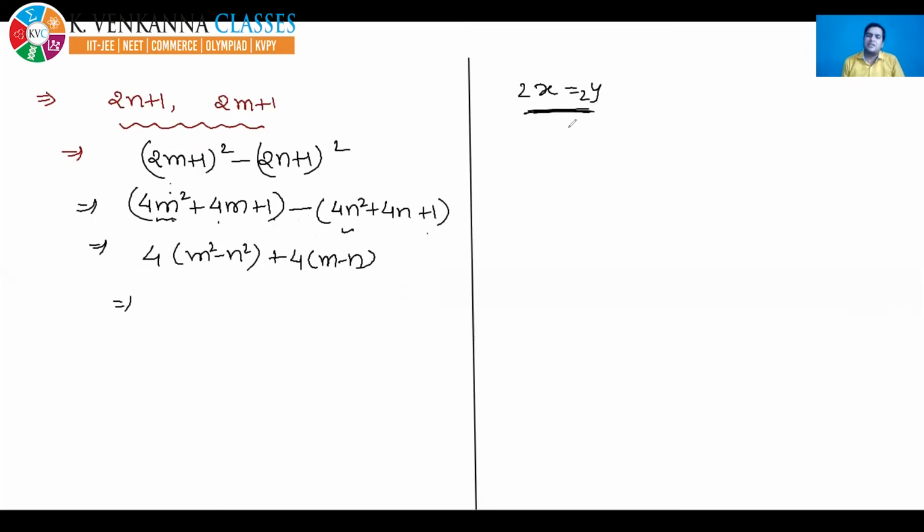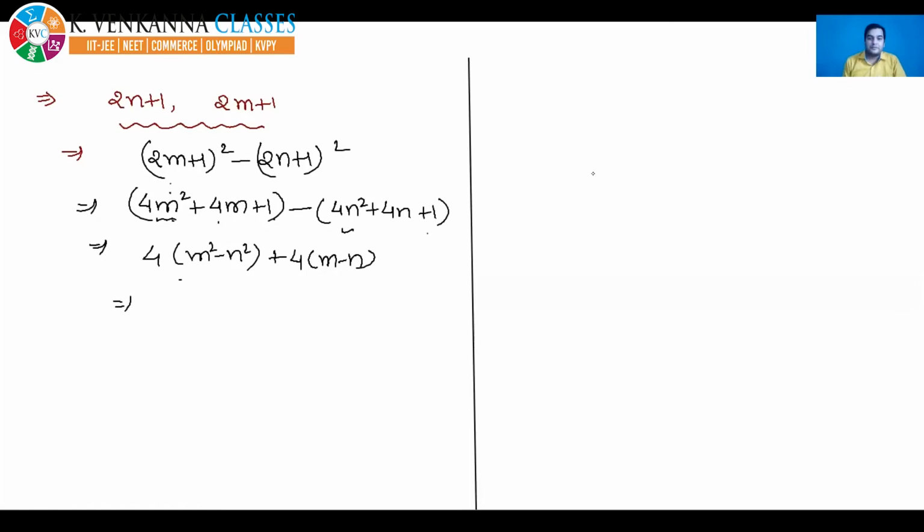But if only x is written, you cannot multiply it by 2. Otherwise, the whole of mathematics will get destroyed. So such things you cannot do. Is it clear?